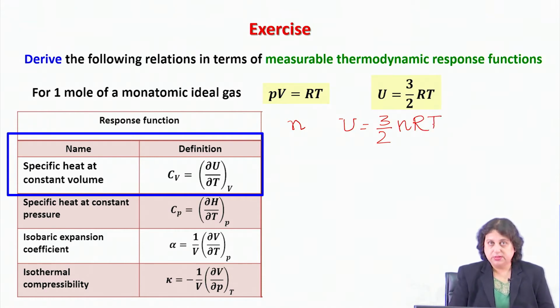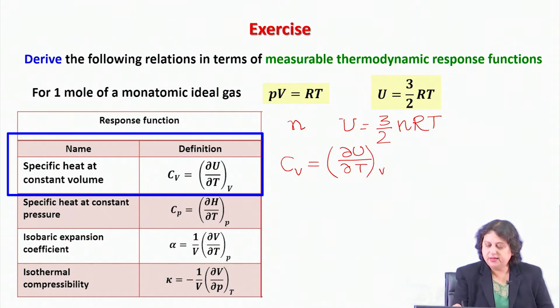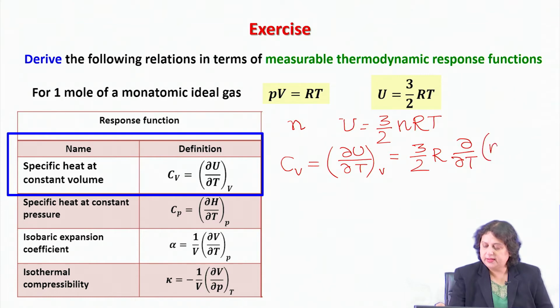If that is so, then what is going to be Cv? Cv once again is (del U/del T) at constant V. So, this must be given by 3/2 R into del/del T of nT under constant volume condition.